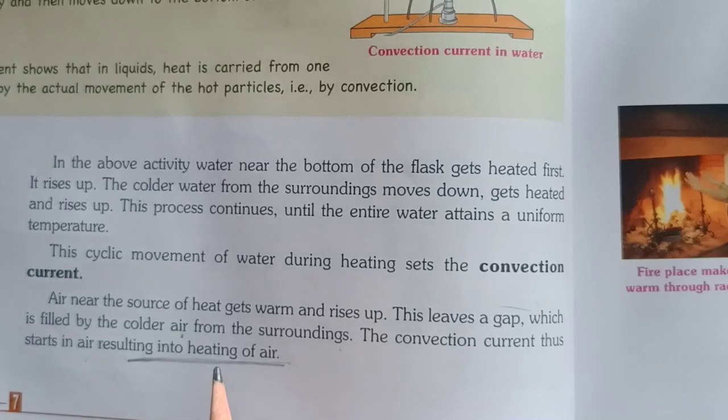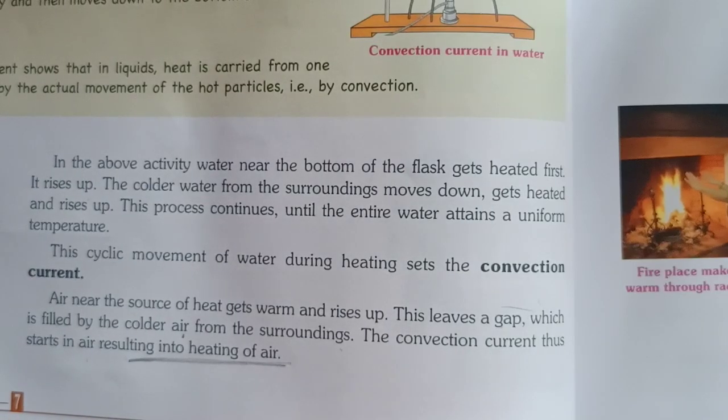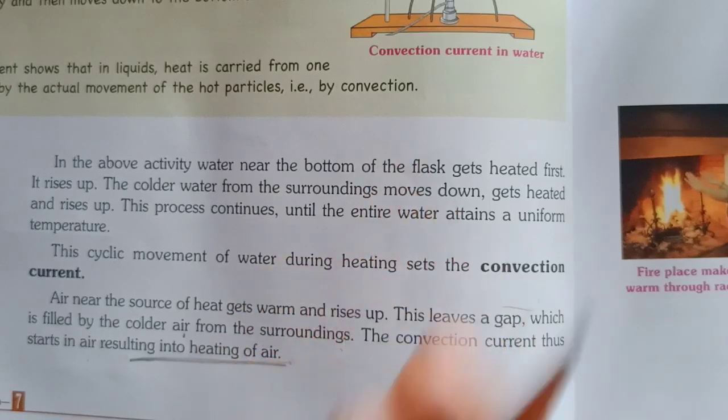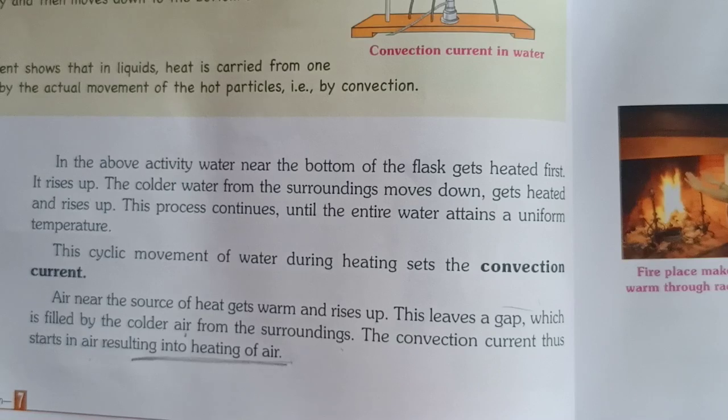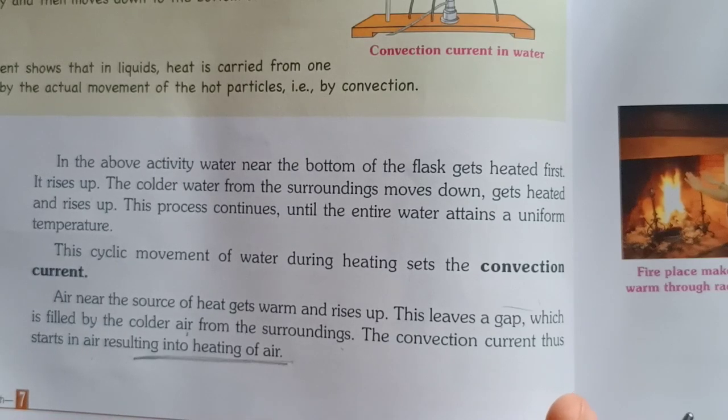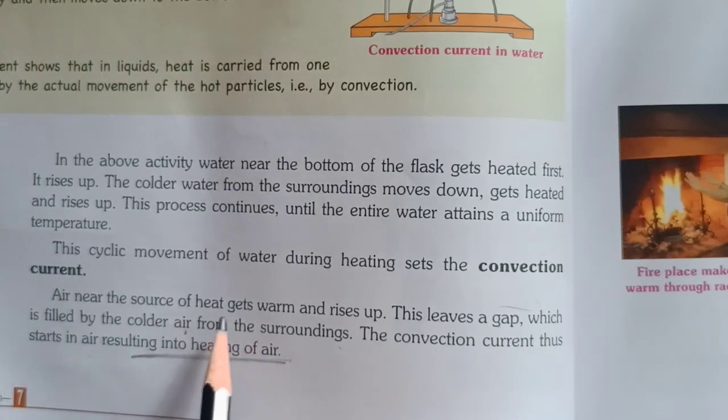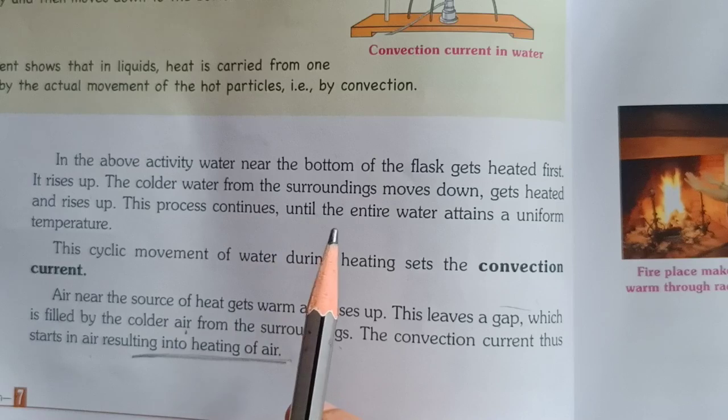The air, the heat source which we are giving, or when we are heating air in a particular place, what will happen? The heat will get transferred from one place to another by the air, by the movement, that is by convection. So air near the source gets warm and rises up.